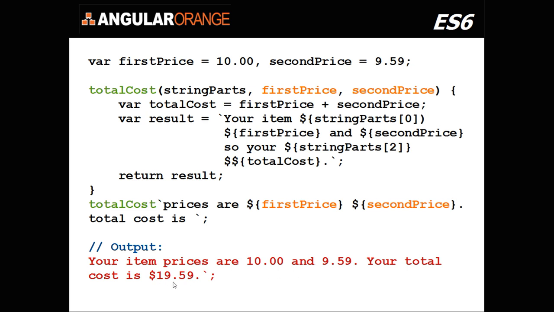Your total cost is $19.59. So notice I said your item string part 0, your item prices are first price, second price, so your total cost is, and then I just display the total cost.